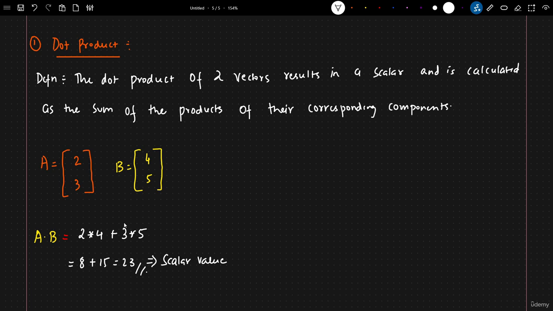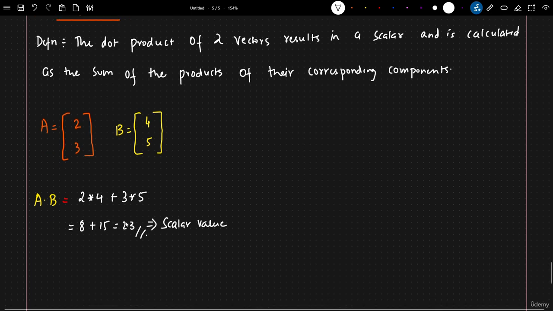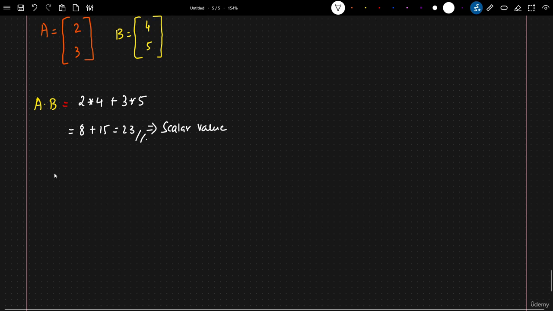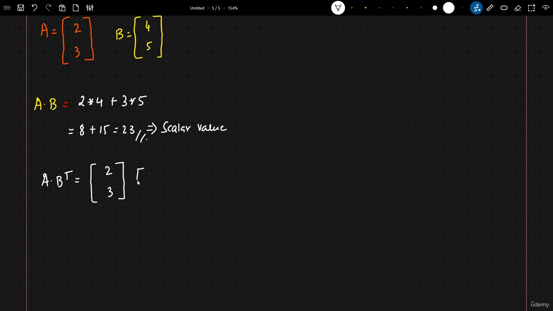Usually there is also one specific thing that comes into the picture. Let's say if I take a dot product with B transpose, usually whenever we do this kind of operation, we have to take the transpose of the other vector. So let's say I am doing the transpose of this. The transpose of 4, 5 will be written horizontally.